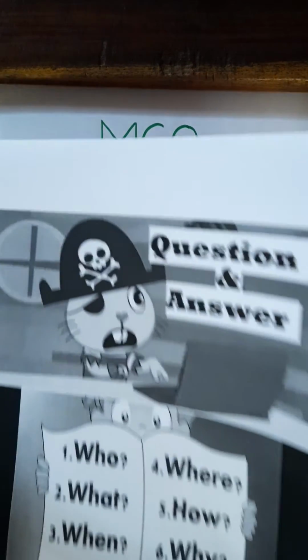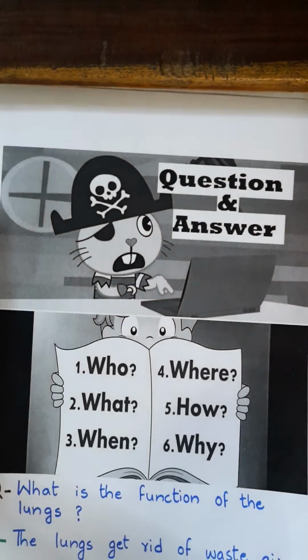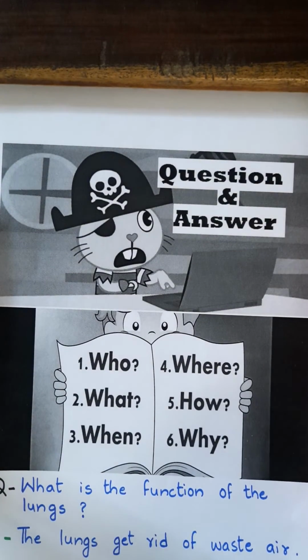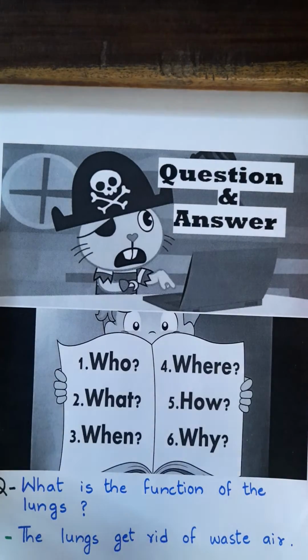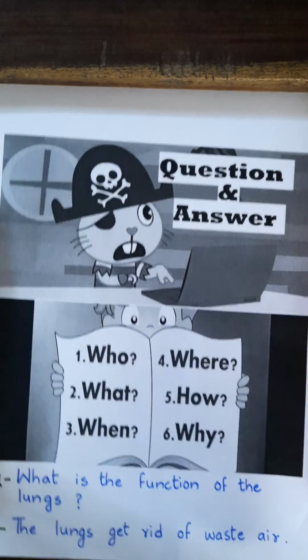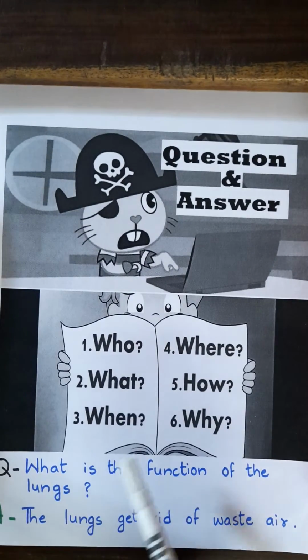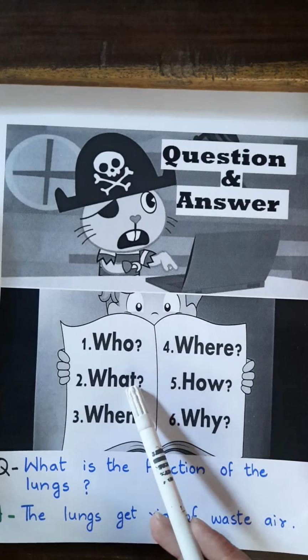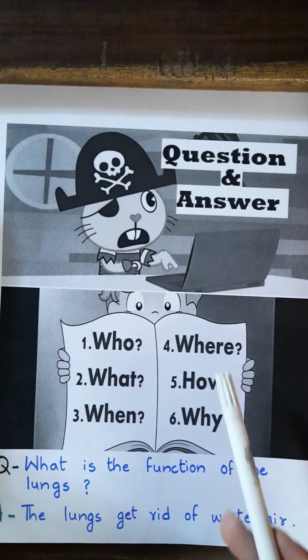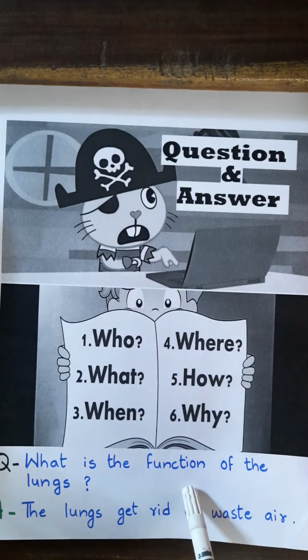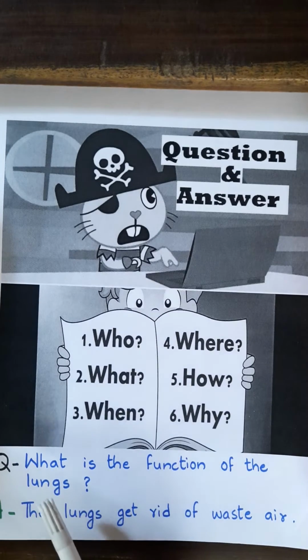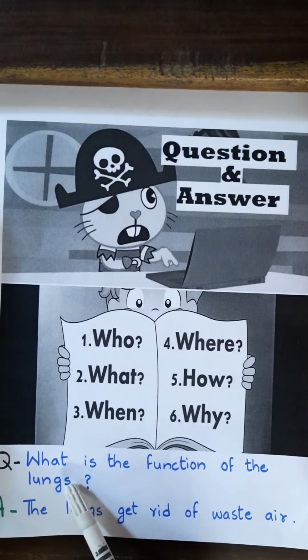Now the most important thing you are going to do in your units is making question answers of your own from the given passage. For example, you can use the words who, what, when, where, how, why, etc. For example, I have taken this question from the excretory system, that what is the function of the lungs?